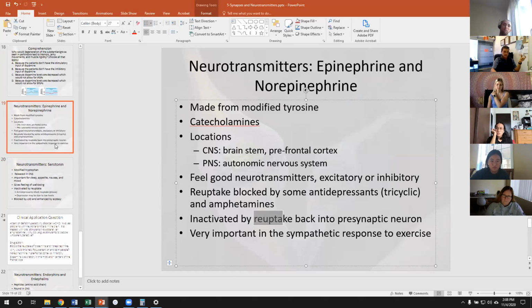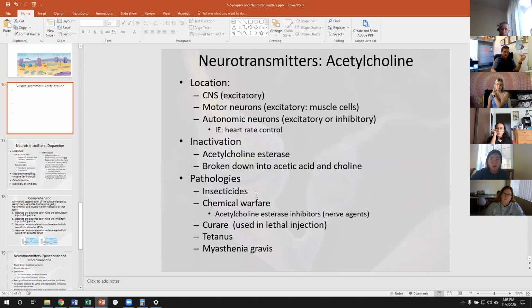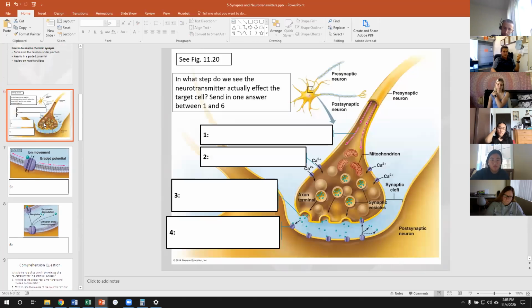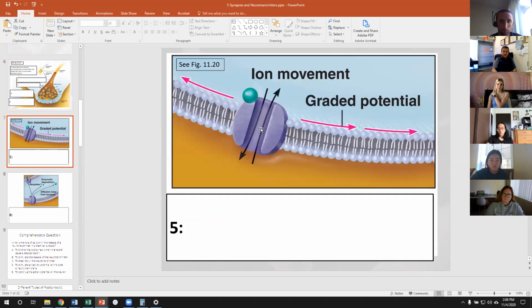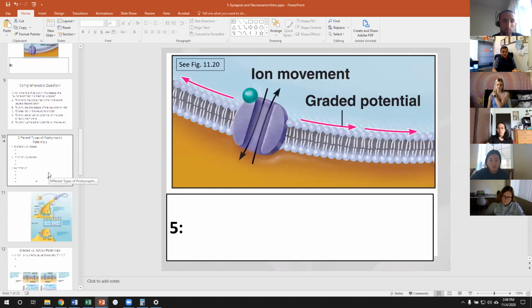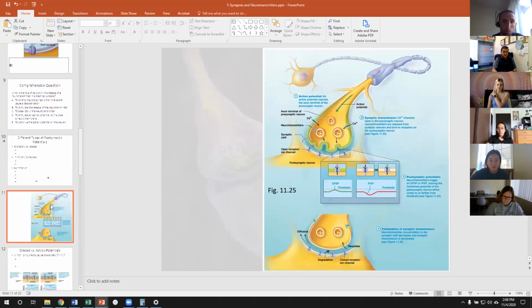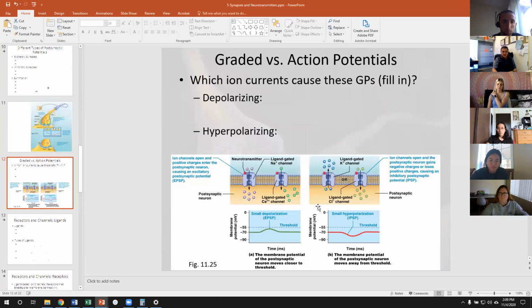The breakdown of it is more important, like we talked about right here, so inactivation is by this enzyme instead. So this one up here is just a general one, but we can plug in any of those neurotransmitters into this set of slides. Another difference would be which ions pass through here, and that differs depending on which chemical synapse you're talking about. You don't have to know which one would be which. You just have to know the options that I give you for both depolarizing and hyperpolarizing.